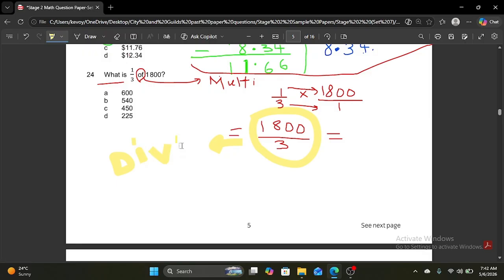Whenever you have a fraction, you're going to be dividing. So what are we going to divide now? We have 1,800 divided by 3.